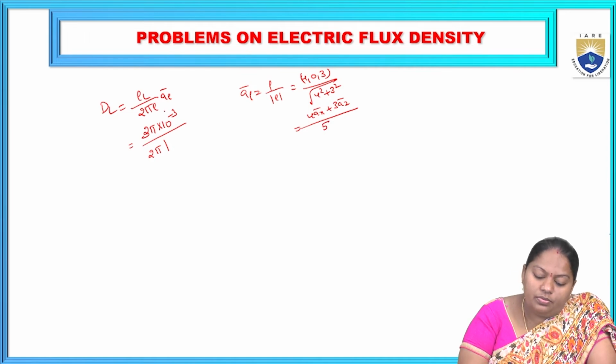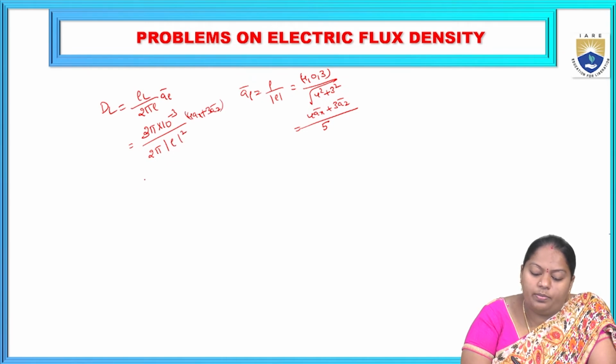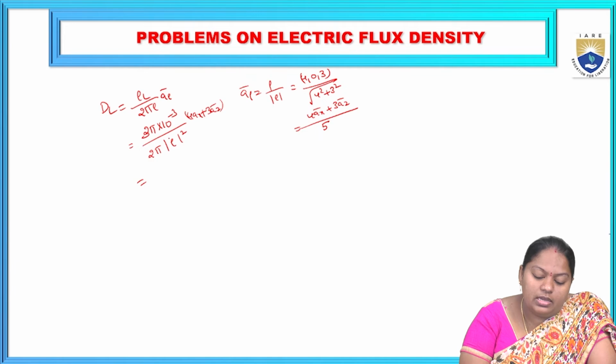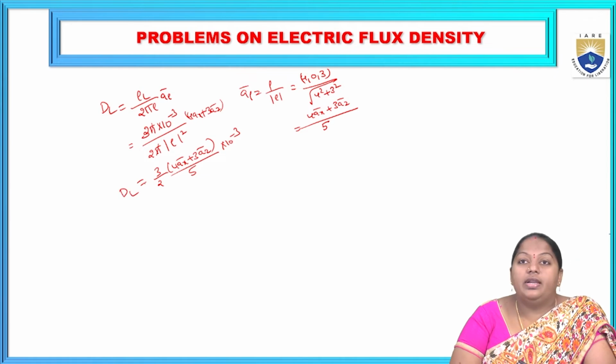Then 5 into 5 gets cancelled, and the 5 pi also gets cancelled, leaving 3 by 2 into (4ax plus 3az) by 5 into 10 power minus 3 as the value of dl.